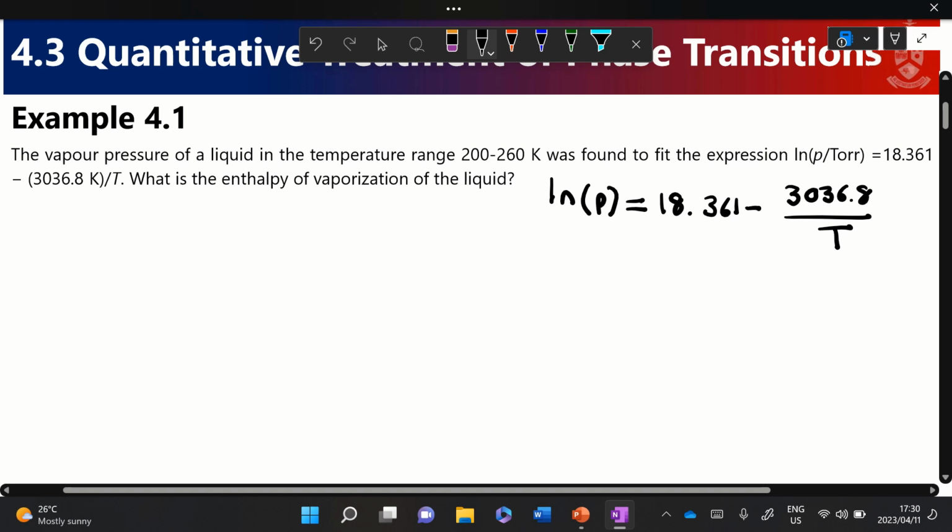So the trick to this kind of question is, because we're given a function, we need to look at the steps where we actually derive the Clausius-Clapeyron equation.